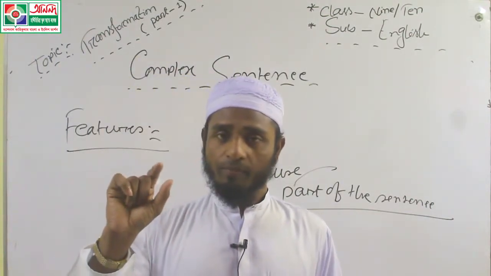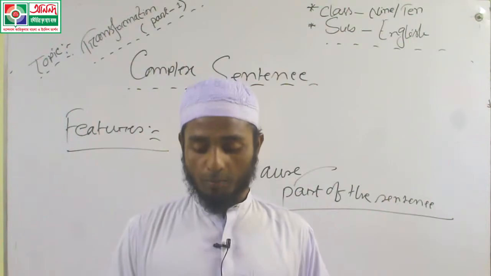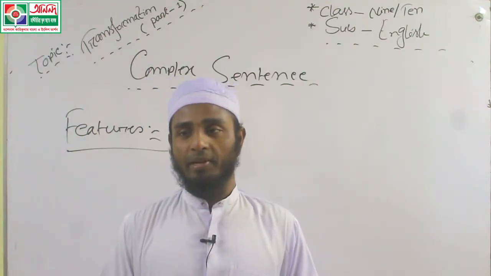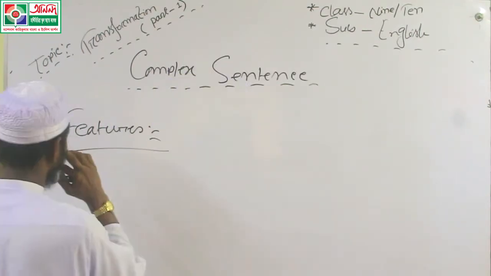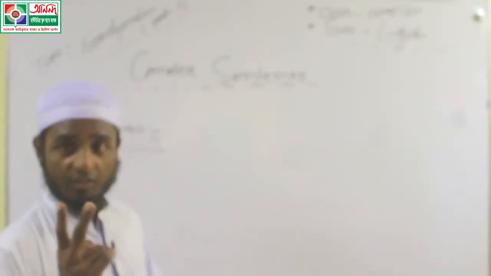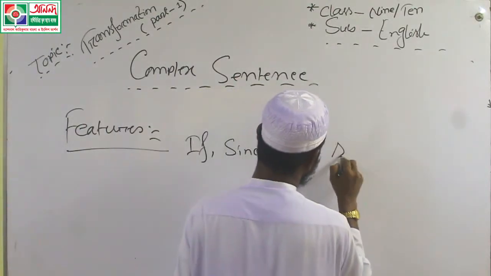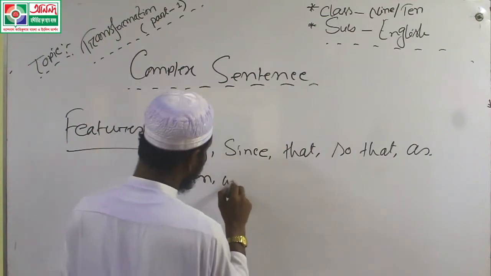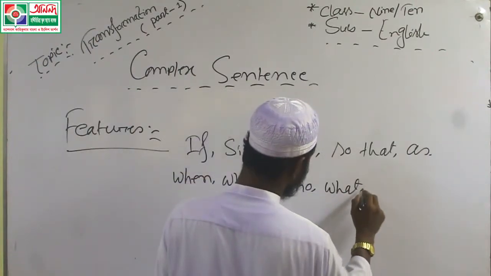You have to understand clauses to make the transformation among simple, complex and compound. A sentence which has one principal clause and more than one subordinate clause is called a complex sentence. What features? When you use a complex sentence, you have to use some features such as if, since, that, so that, as, when, which, who, what.